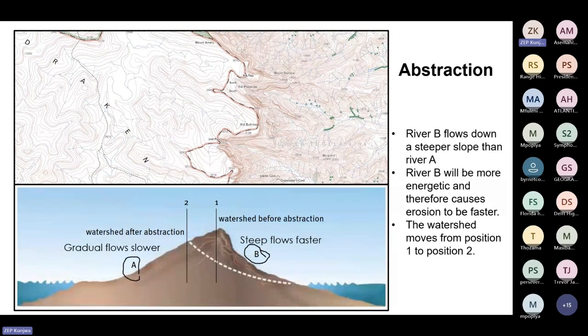So the river flows down at a steeper slope than A. Look, B is steeper. Can you see? The slope is steeper as compared to A there.